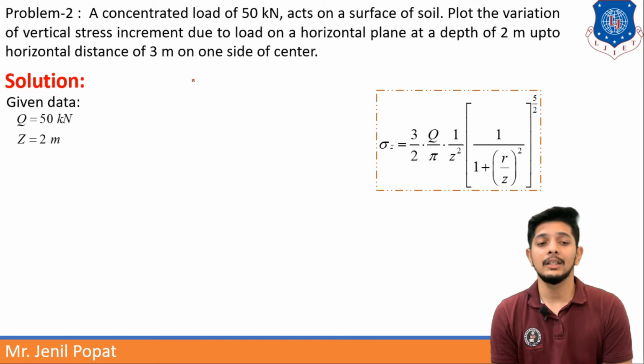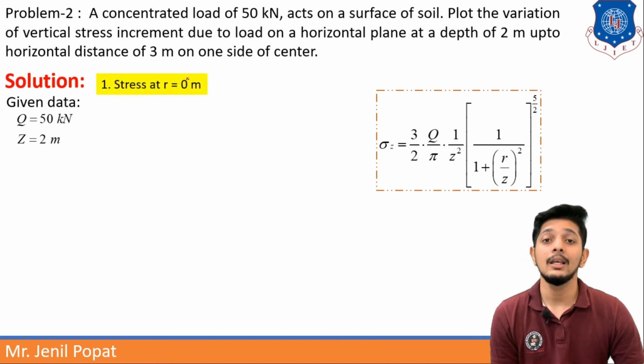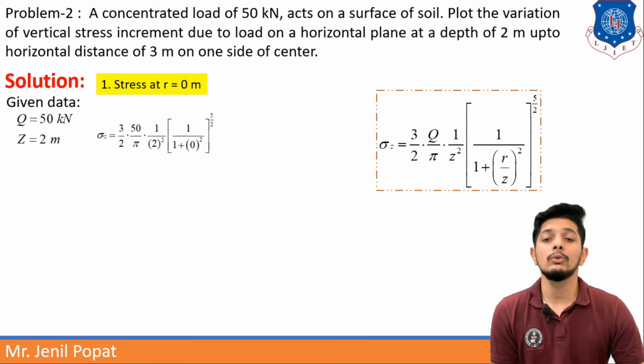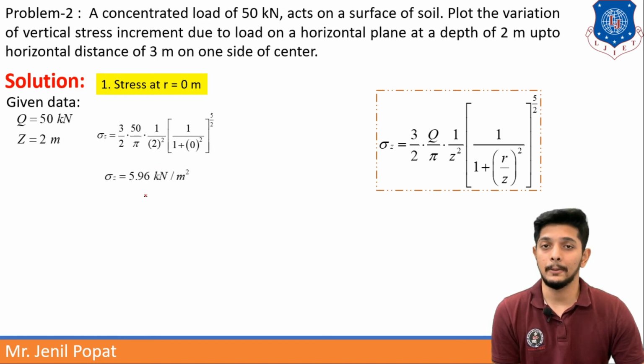By using this equation and putting the q and z values, with r equal to 0 for the first attempt, so q as 50, z as 2, I am getting sigma z as 5.96 kilonewton per meter square.